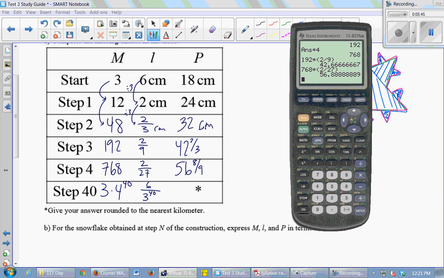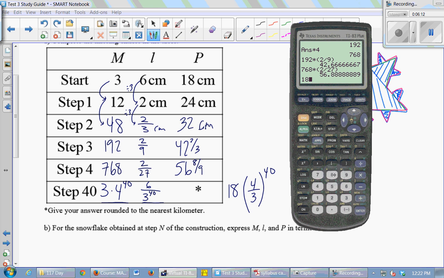And then for the last one, I want to give my answer to the nearest kilometer here. So I have to multiply the number of sides times the length of each side. So I'm going to have the 3 times the 6 is 18. And then I'm multiplying by 4 and dividing by 3, which is multiplying by 4/3, 40 times.